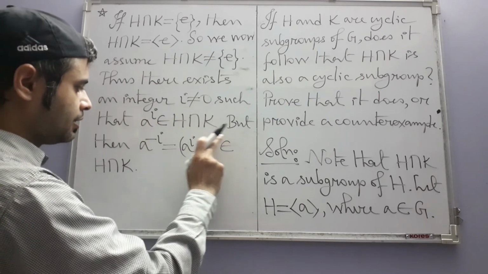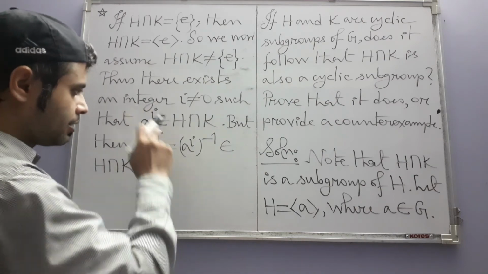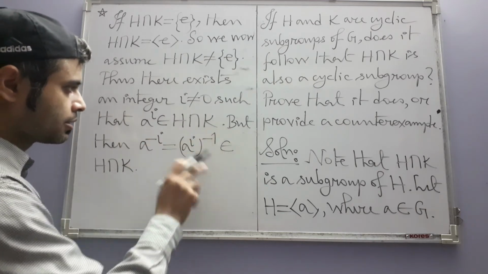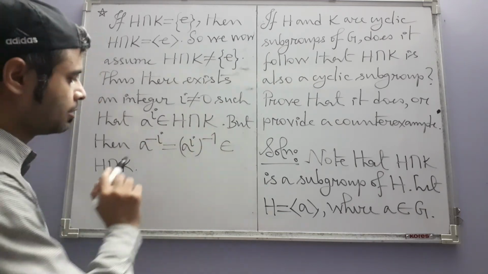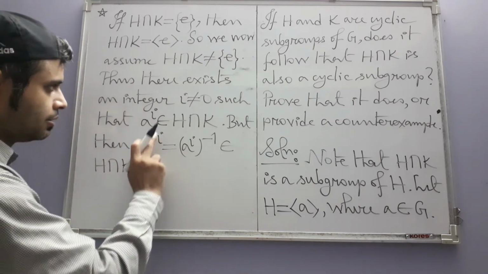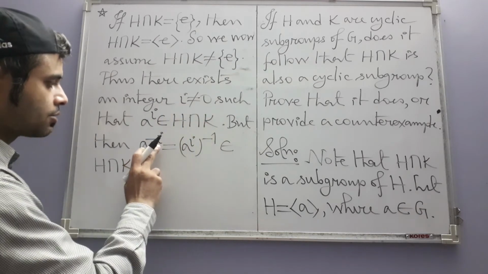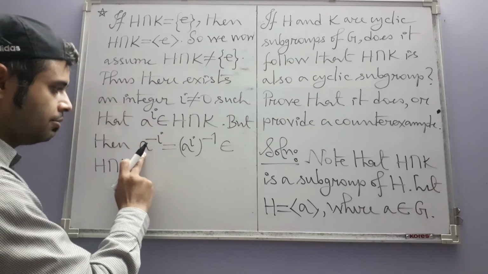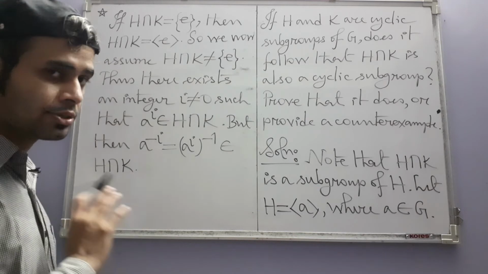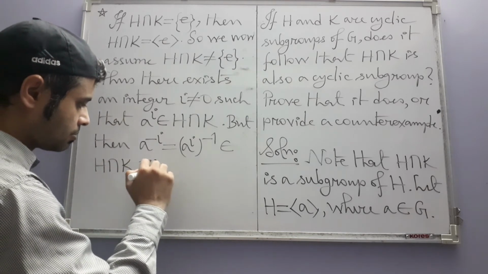If i is negative, then this belongs to this. In both cases, both these elements belong to H intersection K, but we are considering one at a time. The point we want to make here is that no matter what i is, whether it is positive or negative, there is always a power of a that is in H intersection K, where the exponent is a positive integer. So that's what now we are going to write.